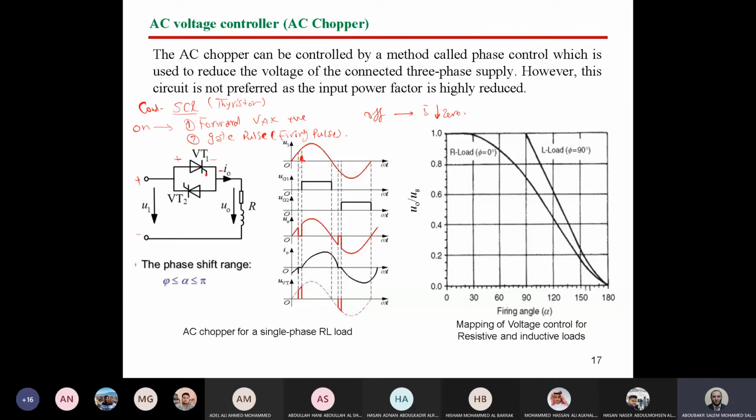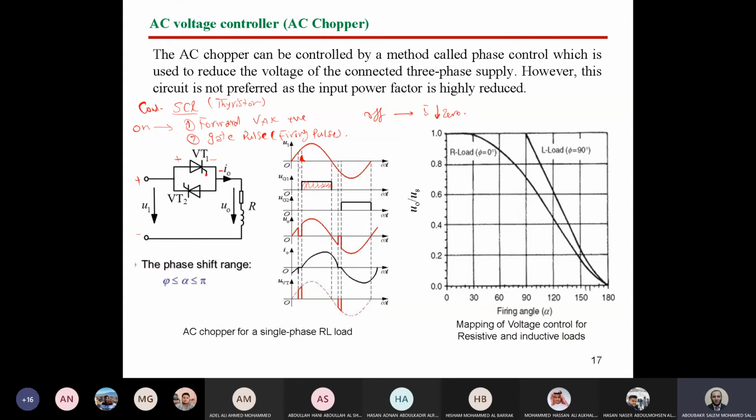So we applied the pulse at this instant. We can consider the pulse like that, Shabab. But in practical ways, it's not like that. It will be just a train of pulses, not a continuous pulse, to reduce the gate losses. But the instant of starting is the important one.